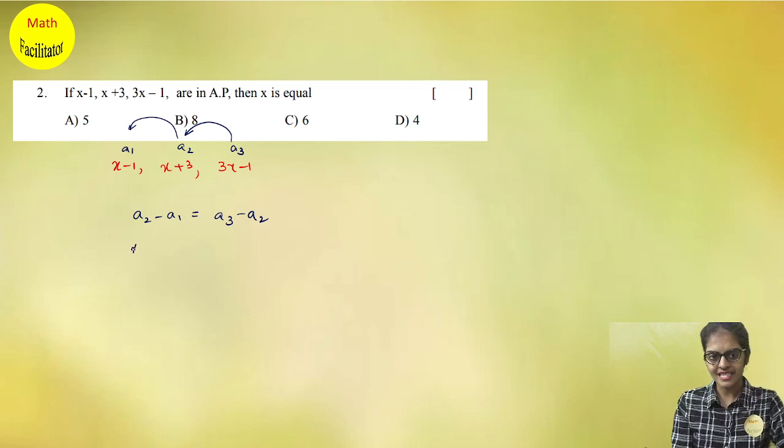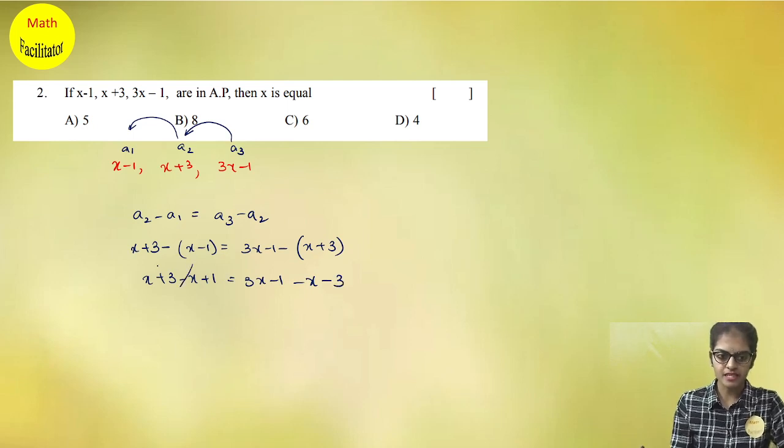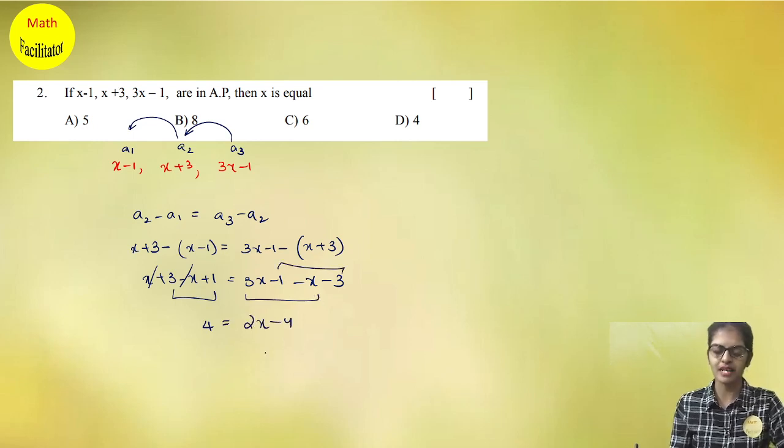So A2 is x plus 3 minus A1 which is x minus 1, is equal to A3 which is 3x minus 1 minus A2 which is x plus 3. So x plus 3 minus x plus 1 is equal to 3x minus 1 minus x minus 3. So plus x minus x cancel here. 3 plus 1 is 4, equal to 3x minus x is 2x, minus 1 minus 3 is minus 4.